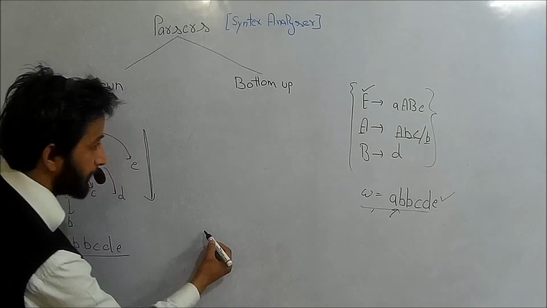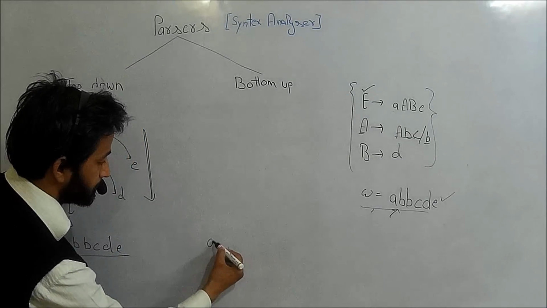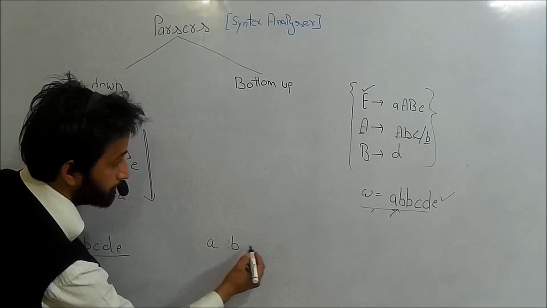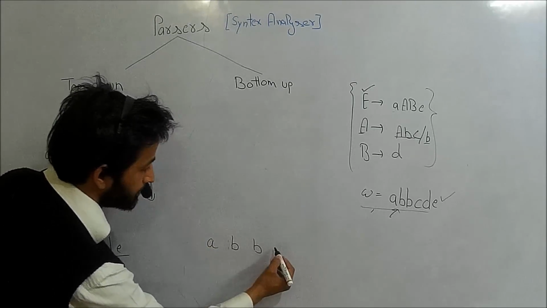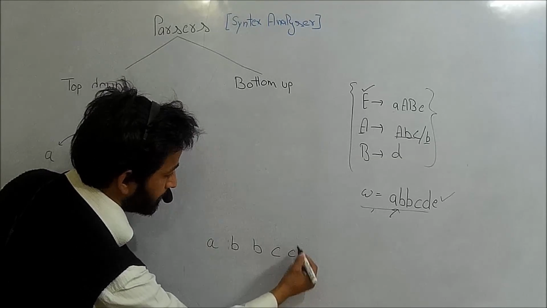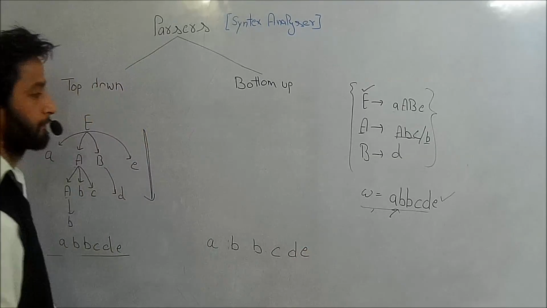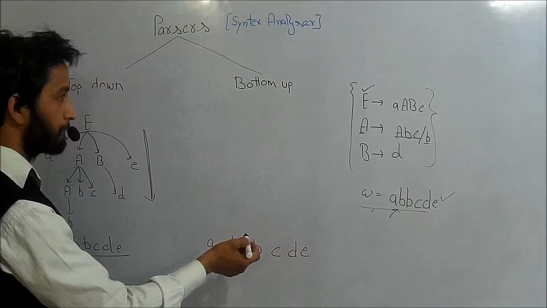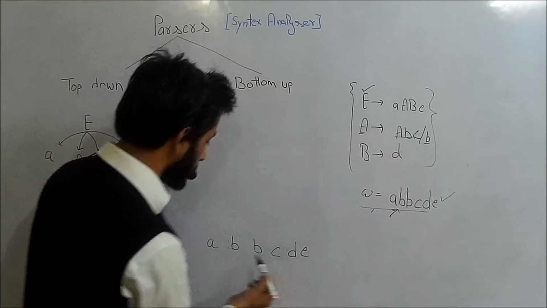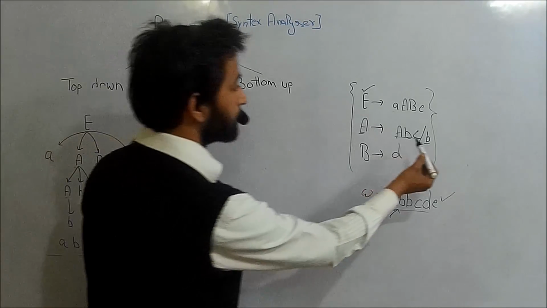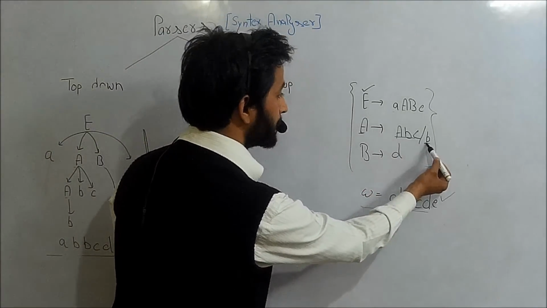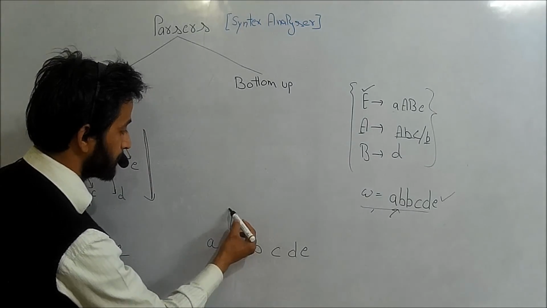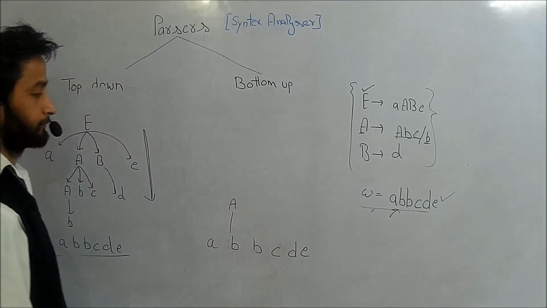The desired string is A, B, B, C, D and E. Okay, so I will move upward. Here I have an option that I can reduce the terminal B to A.